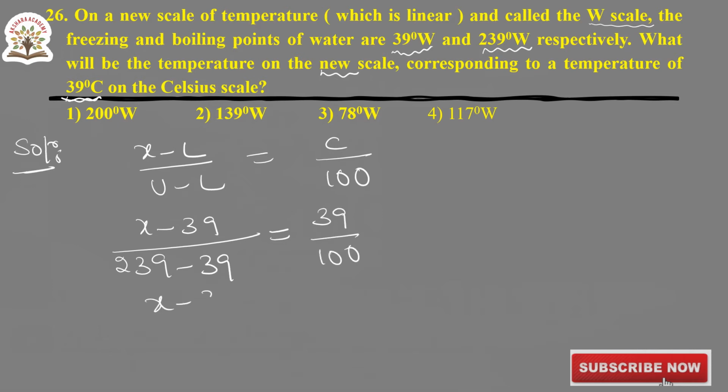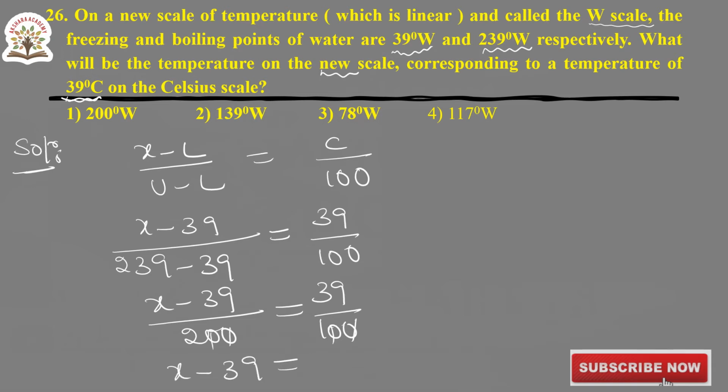X minus 39 by 239 minus 39, 200. So that is equal to 39 by 100. Zero gets cancelled. So X minus 39 is equal to, taking cross multiplication, 2 into 39, it gives 78.